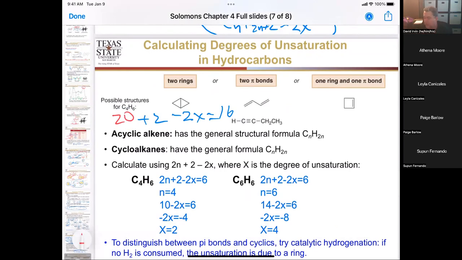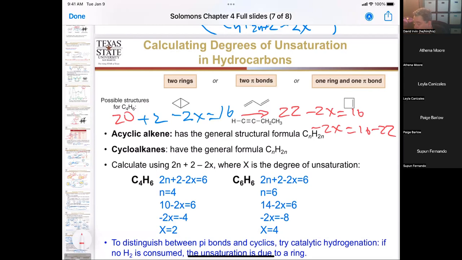Okay, so we need to continue that math. It's going to be 22 minus 2x is equal to 16. So we have minus 2x is equal to 16 minus 22, because we're just moving it to the other side, algebra.